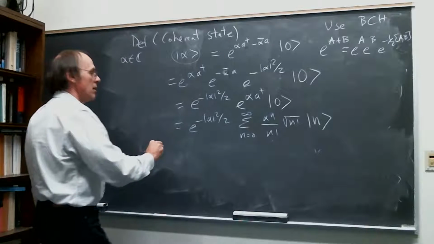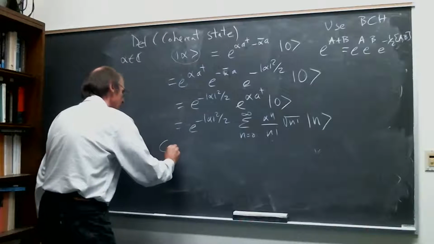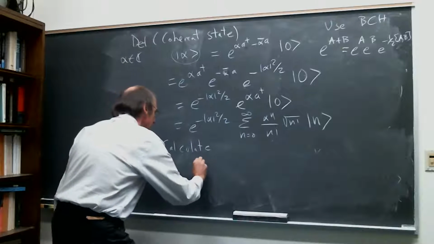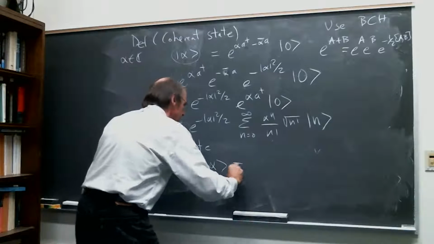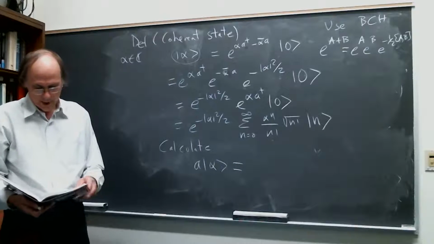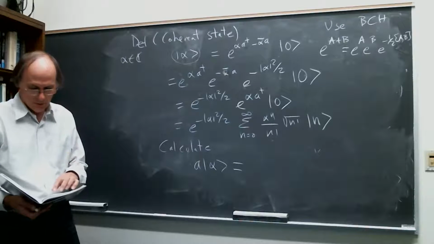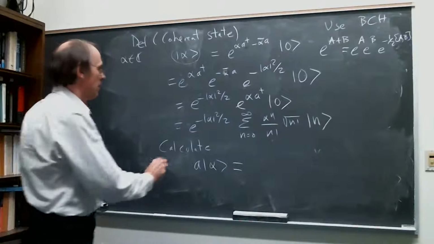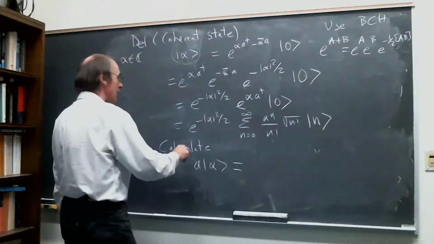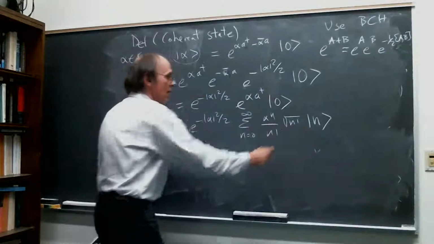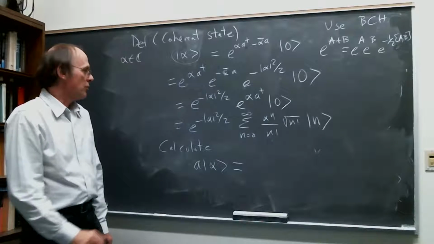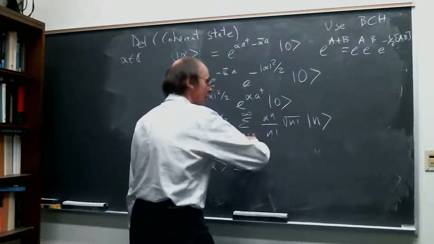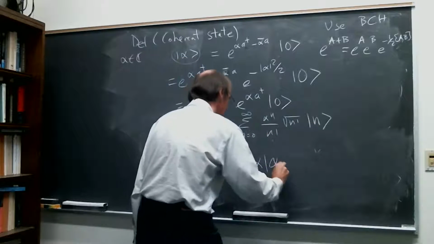Now you calculate a applied to alpha. If you calculate a applied to this state, you quickly find that you get back the same state multiplied by alpha.